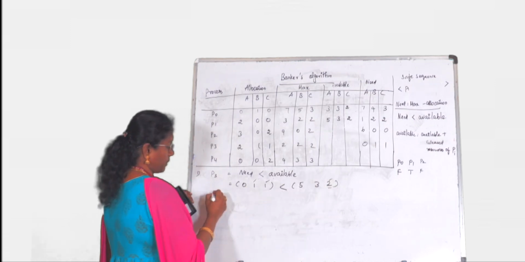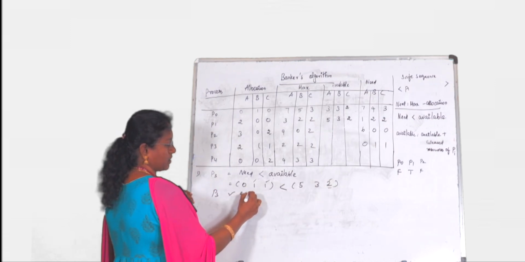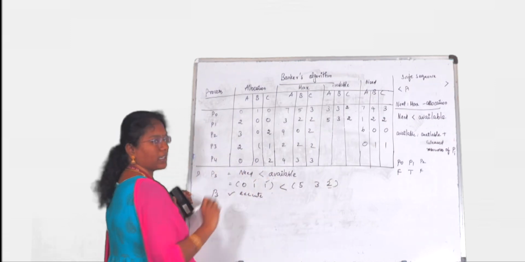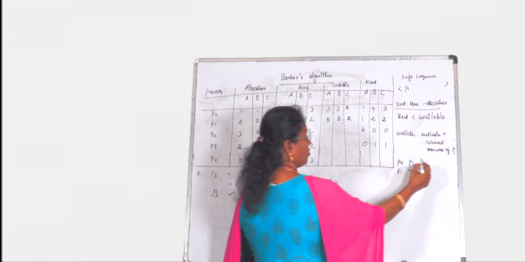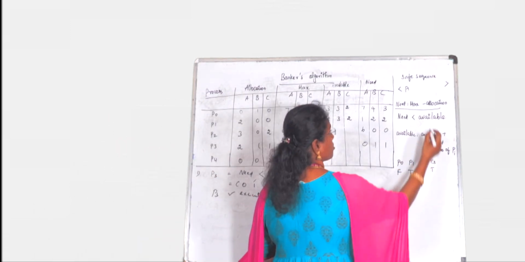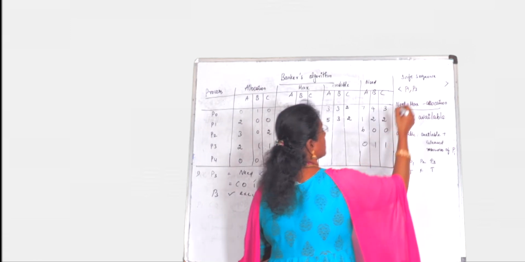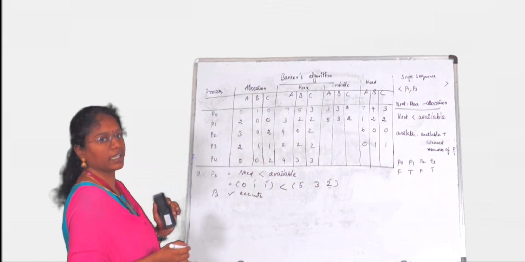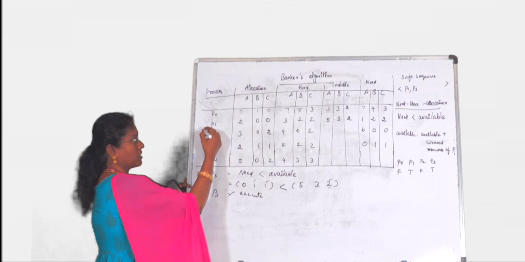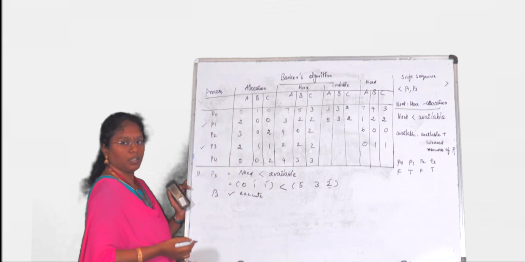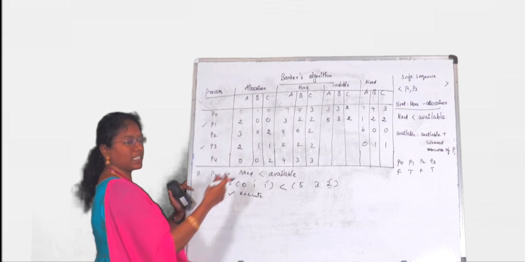So P3 will execute and release its resources. P3 is true, so P3 enters the safe sequence. First P1, next P3. Now P3 will release the resources.